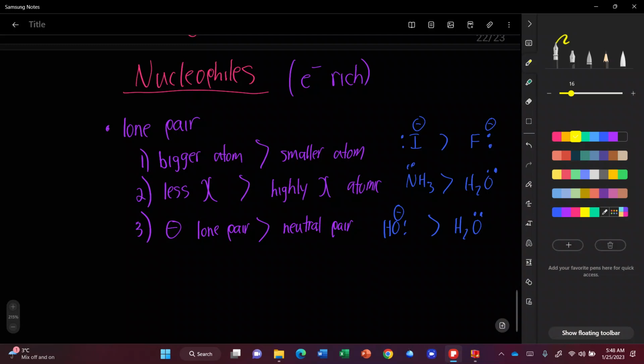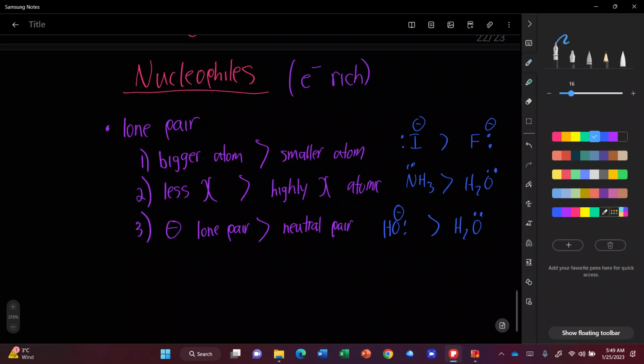For the next one, the reason why less electronegative atoms are more nucleophilic than more electronegative ones. If you remember, the definition of electronegativity is how badly you want to keep the electrons that you have. And a nucleophile, by definition, is something that is electron rich. A nucleophile is trying to donate its electrons to some kind of antibonding orbital on a different atom.